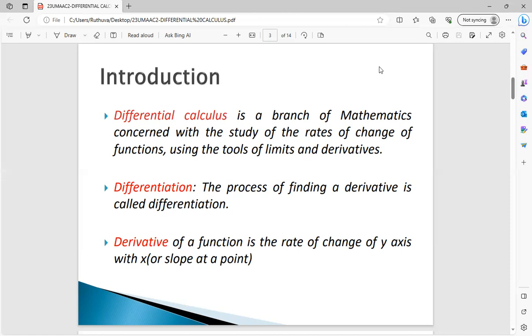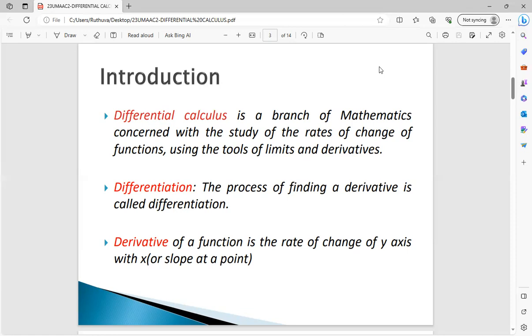Here, x is the independent variable and y is the dependent variable. How do we say x is the independent variable and y is the dependent variable? For example, suppose y equals x squared. If we substitute x equal to 1, then y becomes 1.